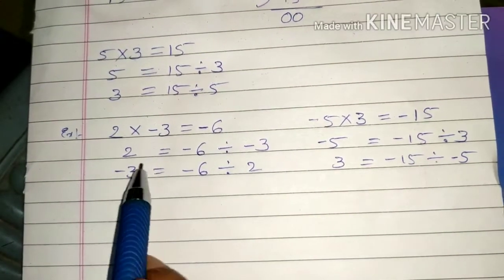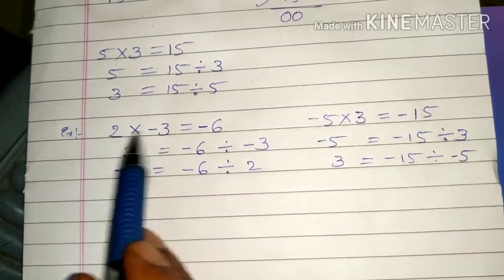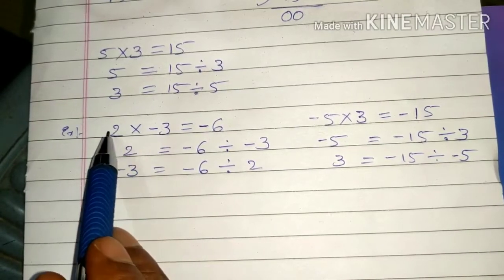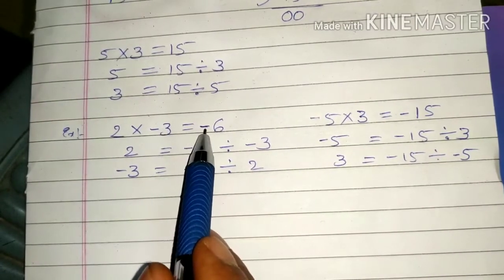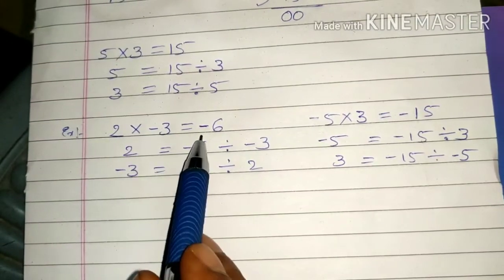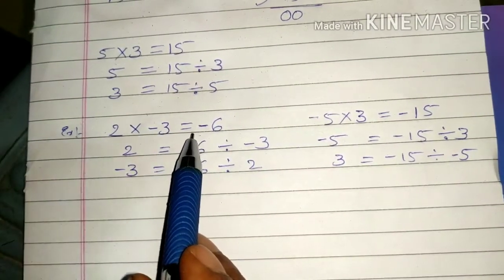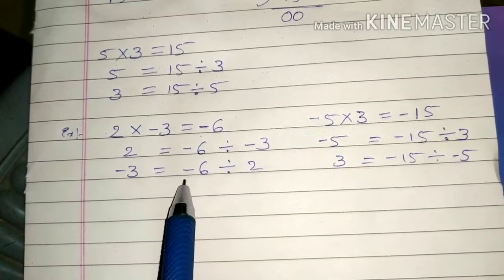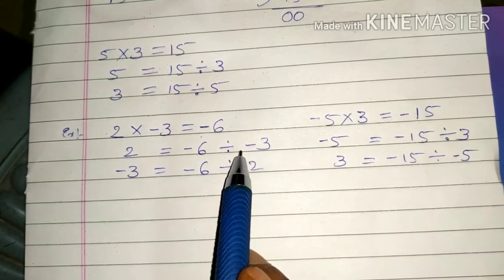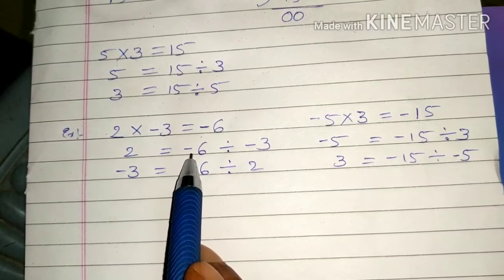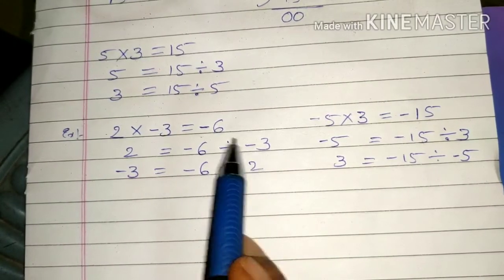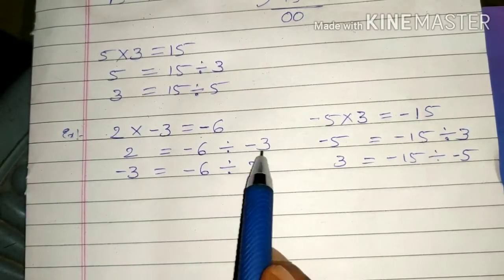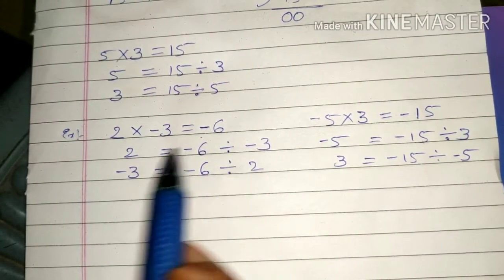From this you can see that when you multiply two numbers, if one is positive and the other is negative, the product is negative, that is plus into minus is equal to minus. Using the inverse rule we have written these two steps. So in the first step you can see that when you divide a negative number by another negative number, the answer is always positive. It is true for every negative integer.